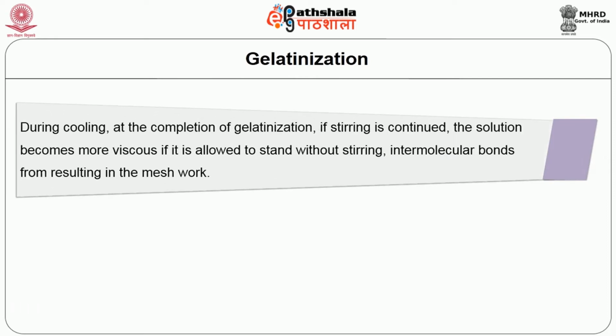During cooling, at the completion of gelatinization, if stirring is continued, the solution becomes more viscous if it is not allowed to stand without stirring. Intermolecular bonds form, resulting in the meshwork.